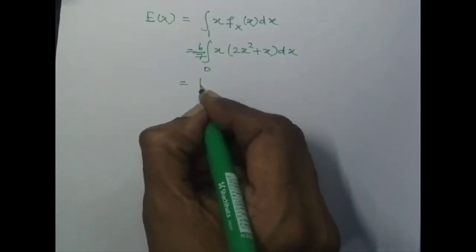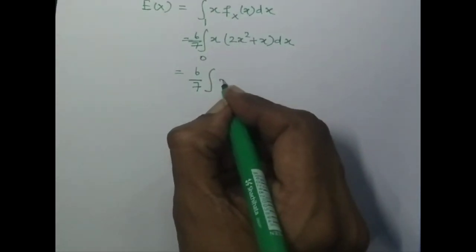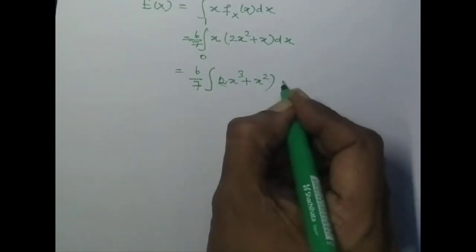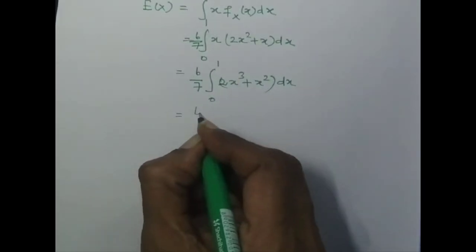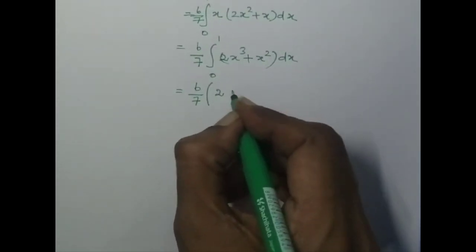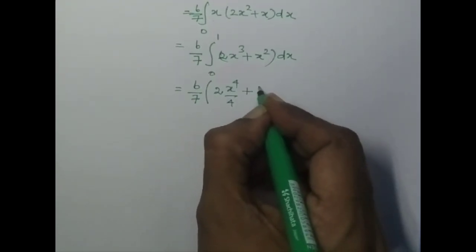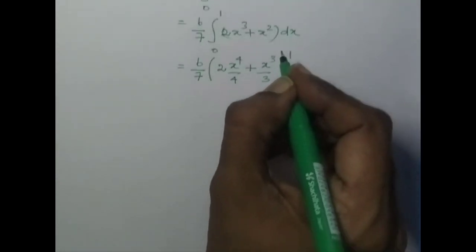So this is equal to 6 by 7 into, now if we multiply this, 2x cube plus x square dx, where x varies from 0 to 1. Now if we integrate this with respect to x, 2 is a constant, integral of x cube is x power 4 by 4 plus integral of x square is x cube by 3 between the limits 0 to 1.